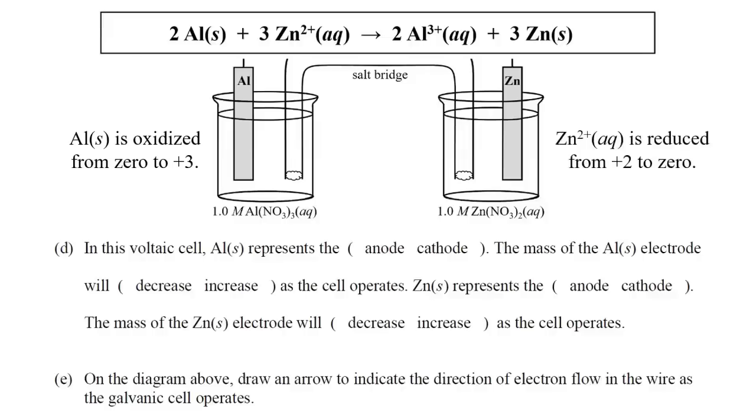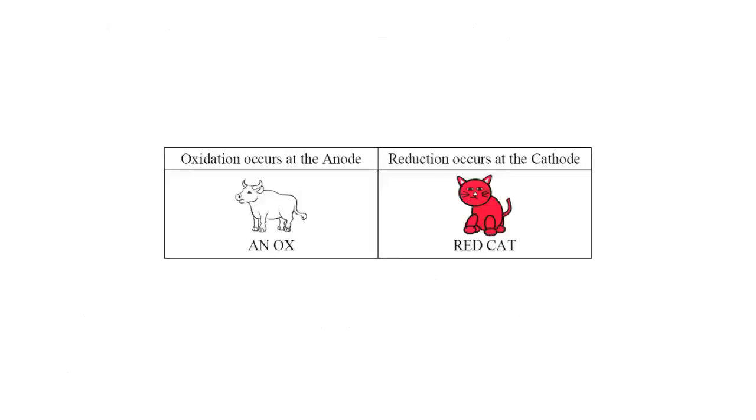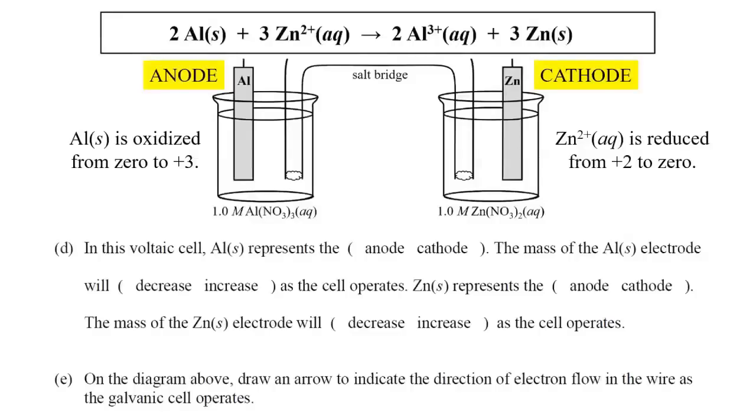So if we know that aluminum is being oxidized and zinc is being reduced, remember that mnemonic device for what happens at each electrode in a galvanic cell. So oxidation occurs at the anode, reduction occurs at the cathode. That means that aluminum, which is the site of oxidation, is the anode, and zinc, which is the site of reduction, is the cathode.